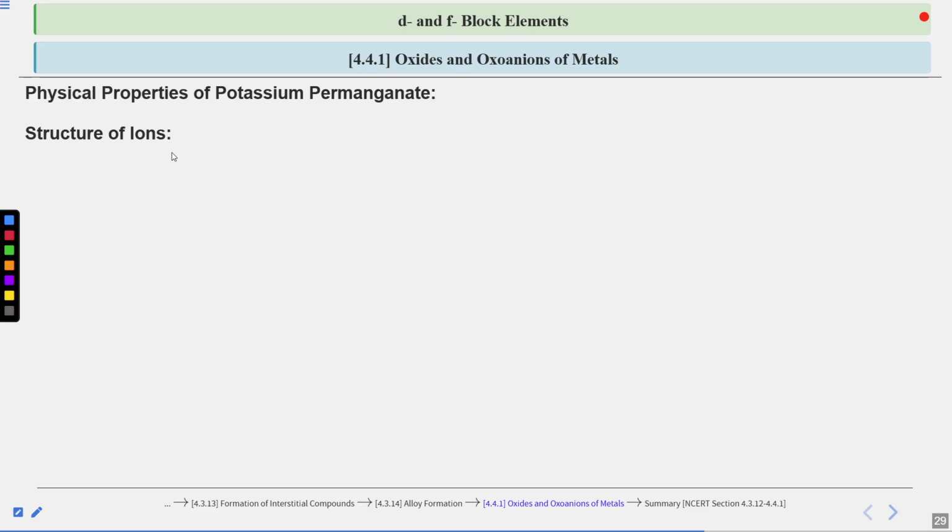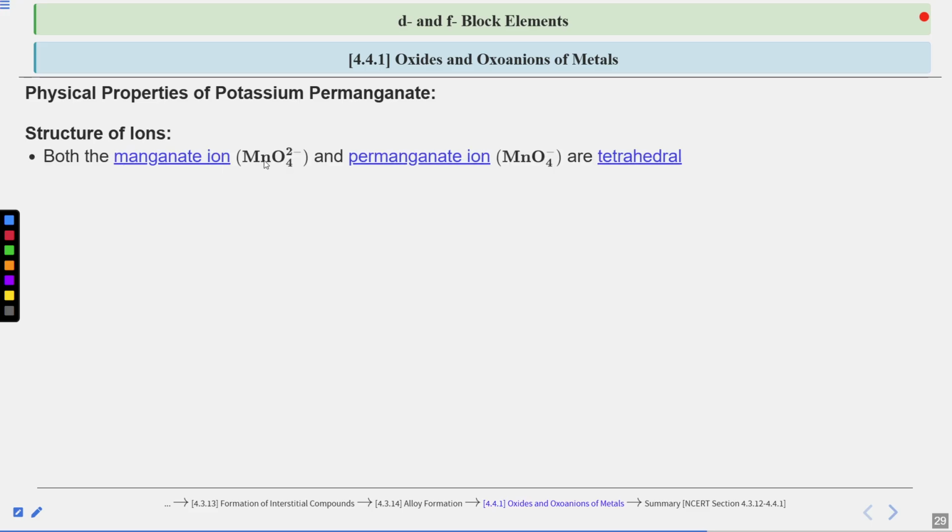Structure of its ions: both the manganate ion and the permanganate ion are tetrahedral in structure. Pi bonding occurs due to the overlap of oxygen p orbitals with manganese d orbitals.